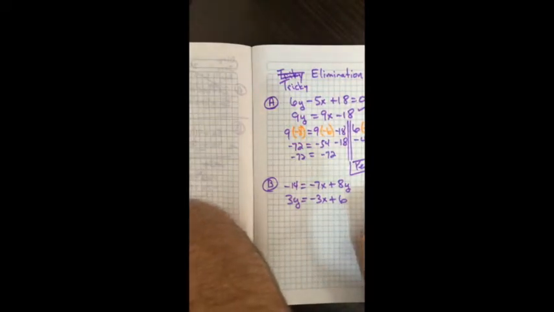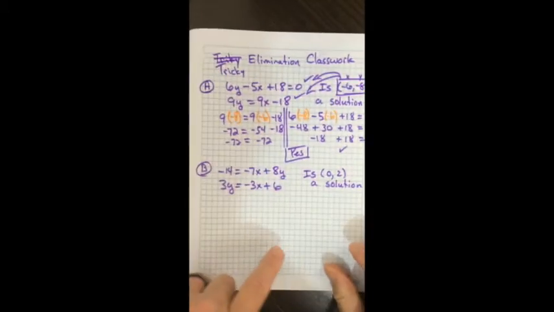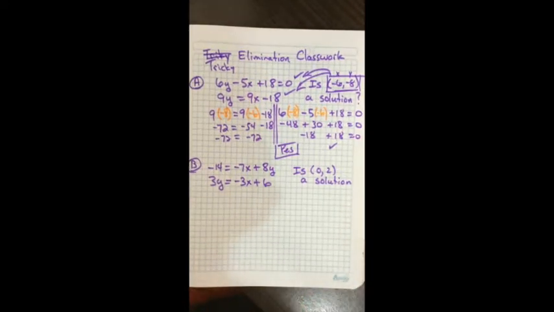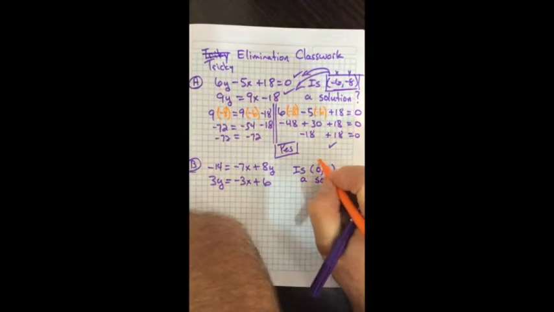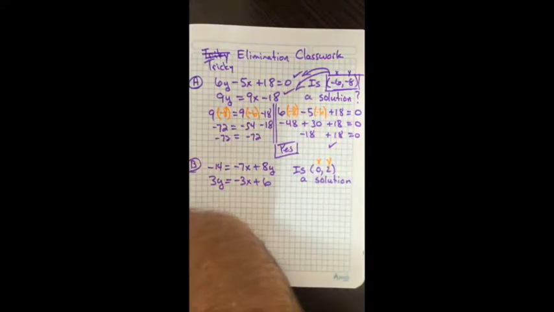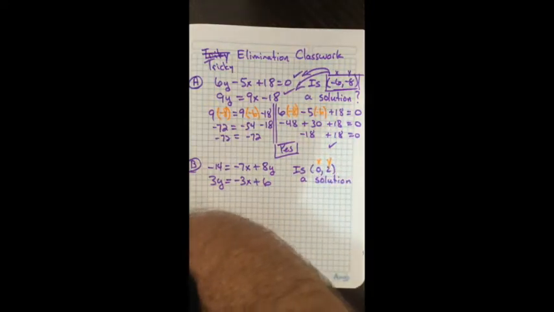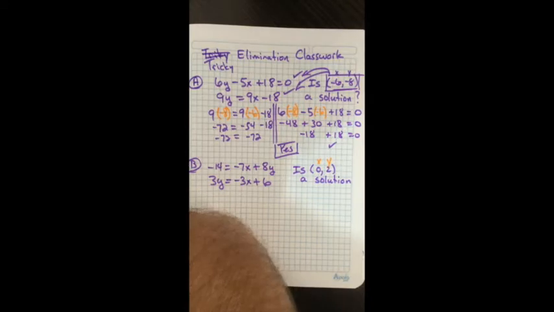And I would like us to ask, is 0, 2 a solution? Now, order matters here. 0 is the x and 2 is the y. You can't put them in any order you want. So 0, 2, the x has to be the 0.